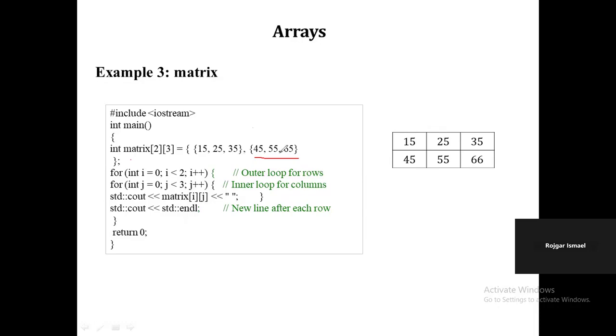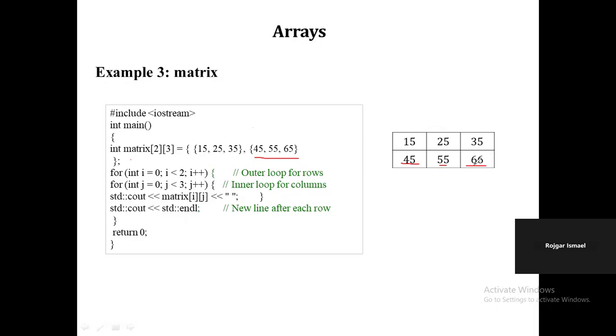45, 55, 65. Looking at the printed results, 45, 55, 66. It mistakenly became 66.